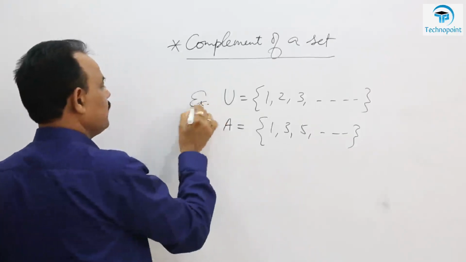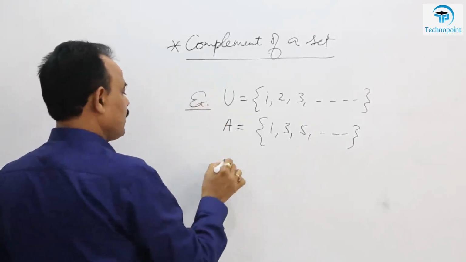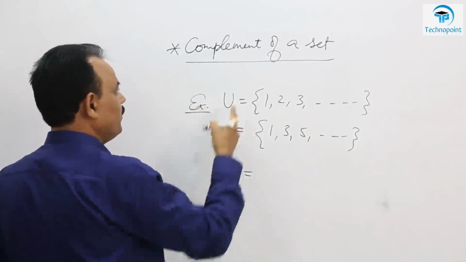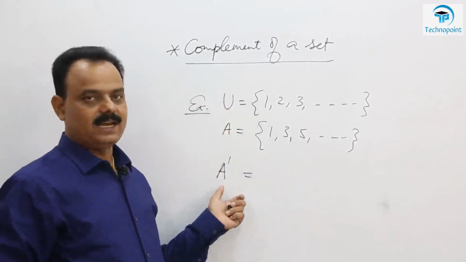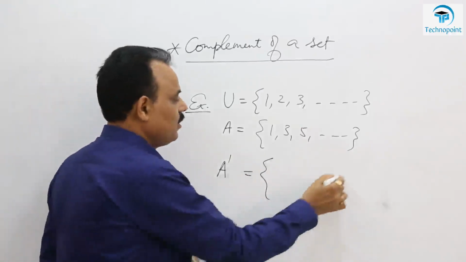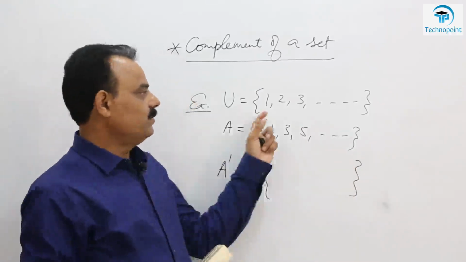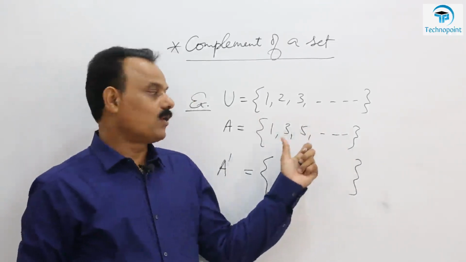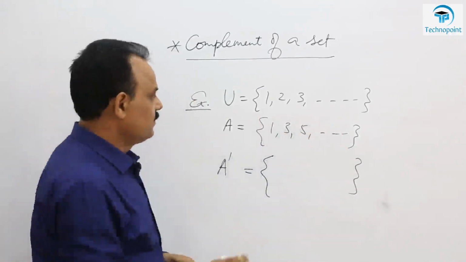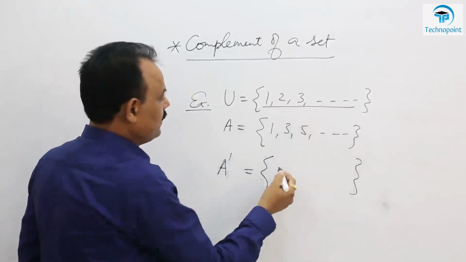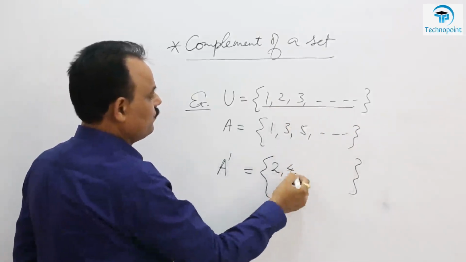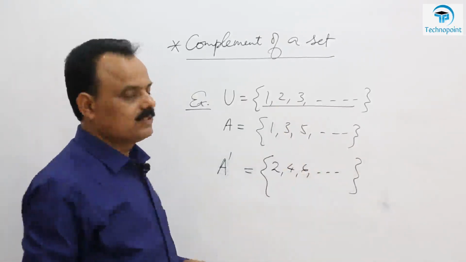Let us take an example. A dash is called the complement of A. So the complement of A, that is A dash, is the set of all those elements of the universal set which are not in A, that is obviously 2, 4, 6, the even natural numbers.